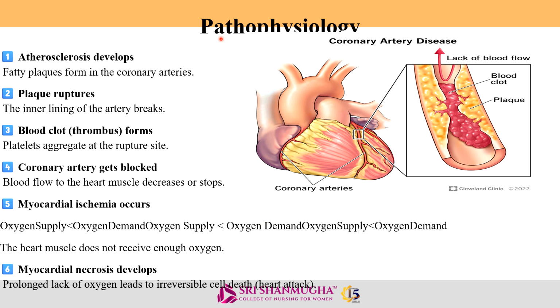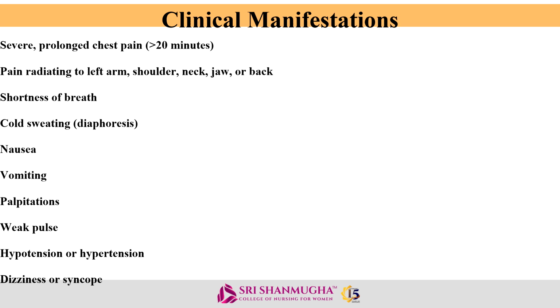And coming to the pathophysiology, it starts with formation of atherosclerosis, and as it grows, the inner lining of the artery breaks, leading to formation of blood clots as the platelets gather at the rupture site. So what happens is it leads to blockage of the coronary artery, and it leads to decreased blood supply, and ends with myocardial necrosis.